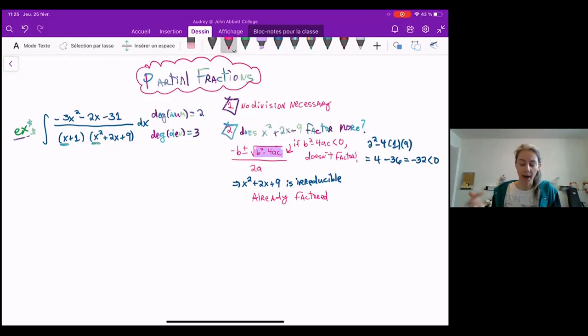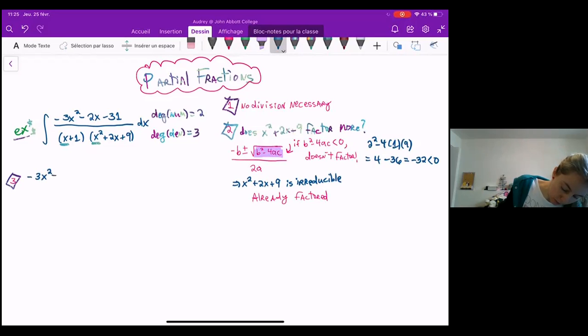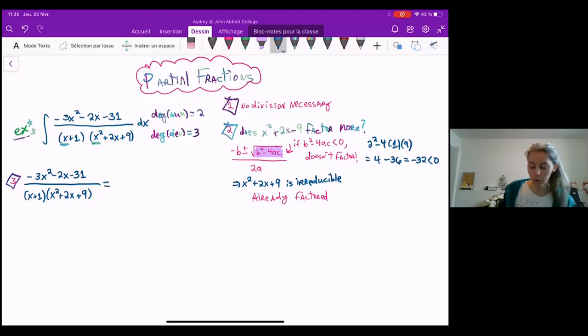Okay, so that said, already factored, this brings us to our step 3, where we want to create our partial fractions decomposition. So we want to say negative 3x squared minus 2x minus 31 over x plus 1 times x squared plus 2x plus 9 is equal to our partial fractions decomposition here.